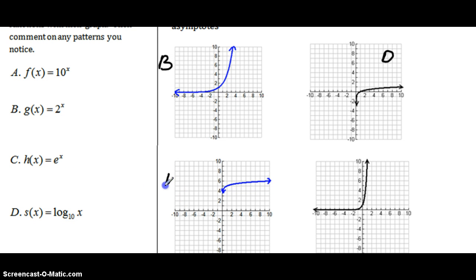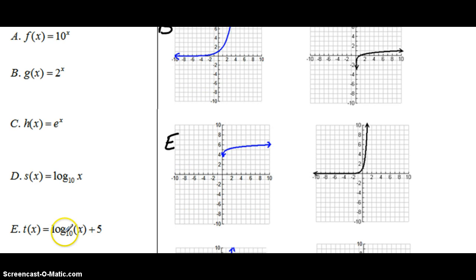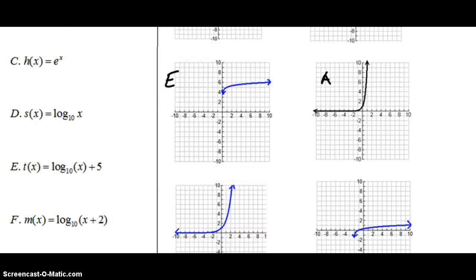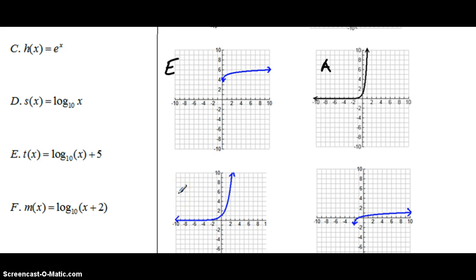This one here is E, that equation should have matched your log base 10 of x plus 5. This one here is your A equation, y equals 10 to the x power. And this one here is C, the e to the x. And our last one here is F, log base 10 of x plus 2.